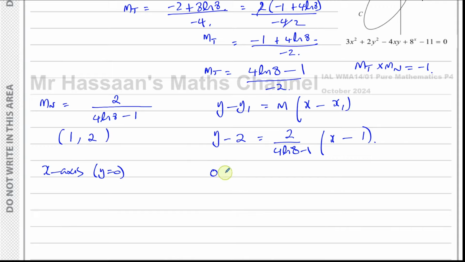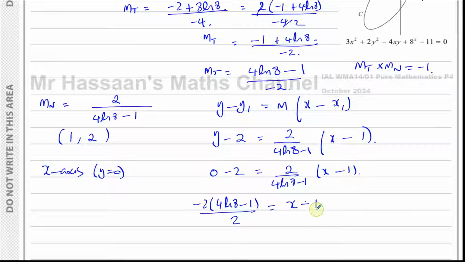So I'll put 0 minus 2 equals 2 over 4 ln 8 minus 1 times x minus 1. I'm going to multiply both sides by 4 ln 8 minus 1, so this is going to be minus 2 times 4 ln 8 minus 1, and divide both sides by 2. That's equal to x minus 1, so the 2s cancel out, leaving minus 1.